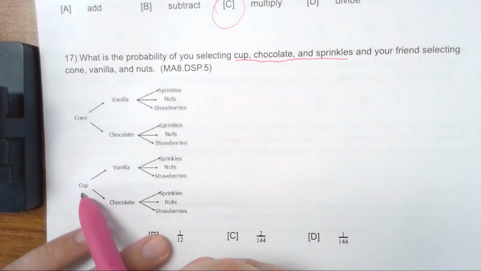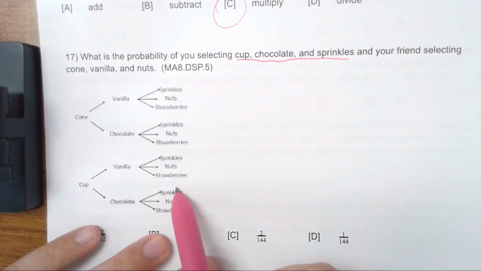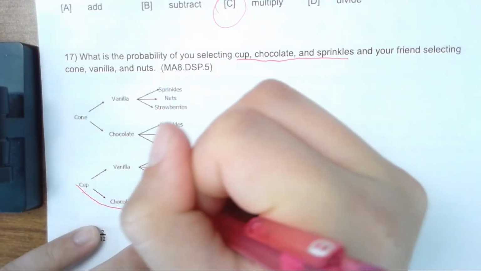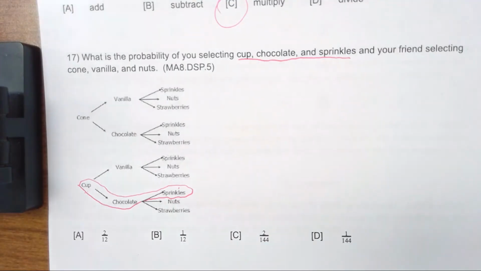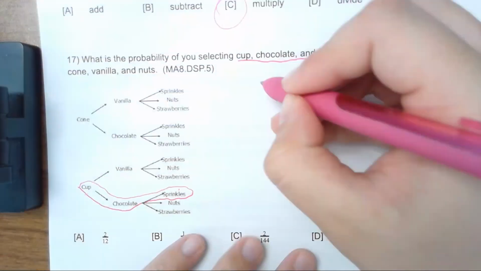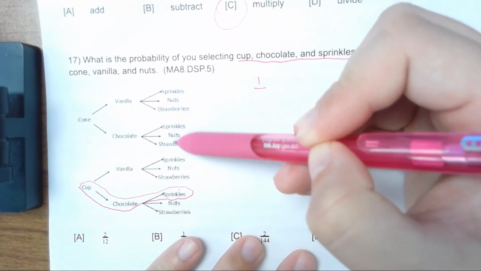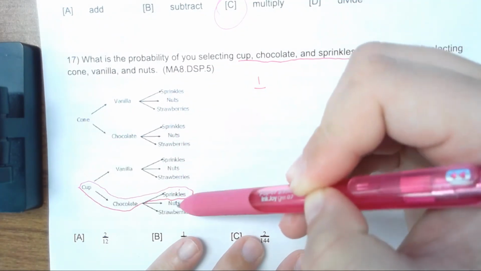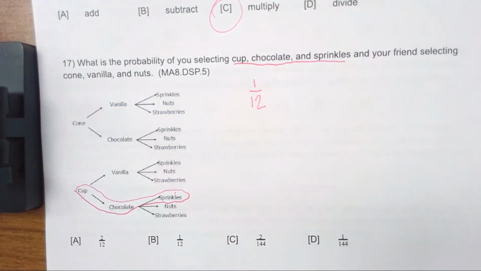Looking at our tree diagram, the only cup, chocolate, sprinkles that we have is 1. There's no other cup, chocolate, sprinkles possibility here. So that probability is 1 out of the 1, 2, 3, 4, 5, 6, 7, 8, 9, 10, 11, 12 different possible outcomes that could happen.